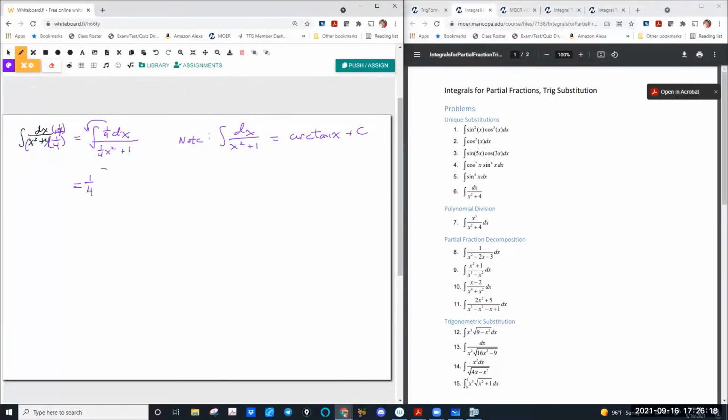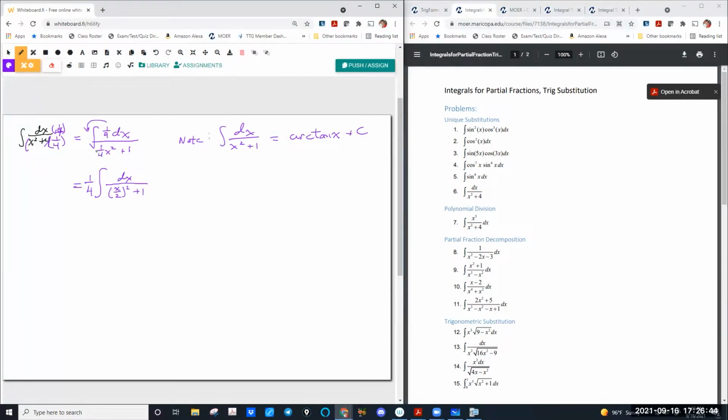So 1/4, the integral, leave the dx on top. This 1/4, I'm going to absorb into the square. All right, what do I mean by that? Well, I'm going to rewrite that as x over 2, the quantity squared, plus 1. Now, I want you to think about this for a second.